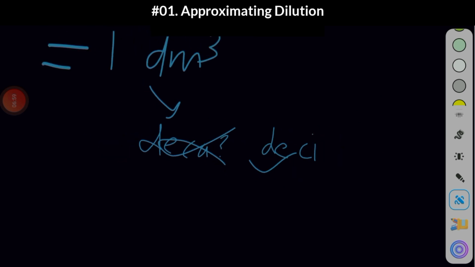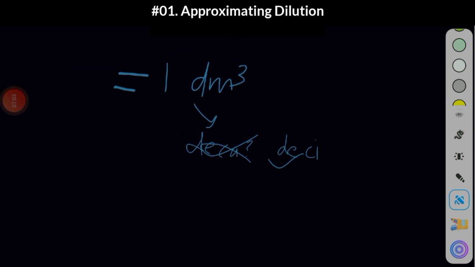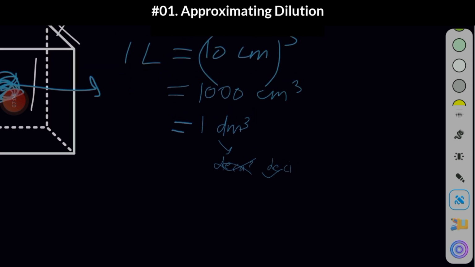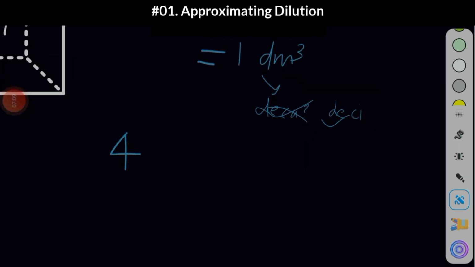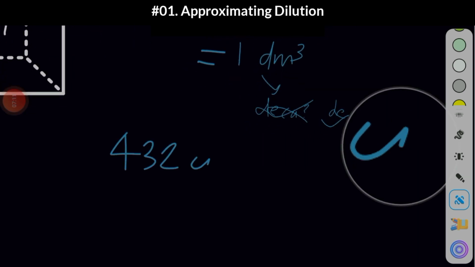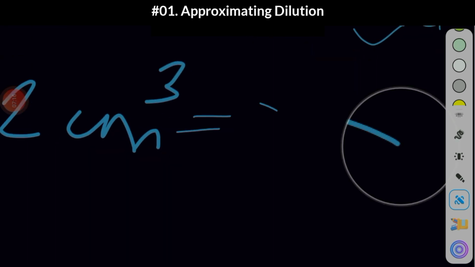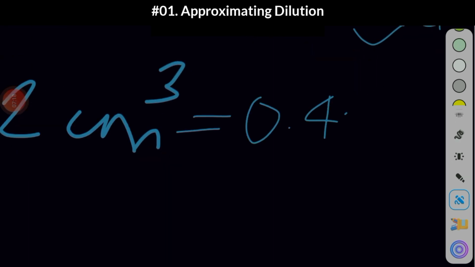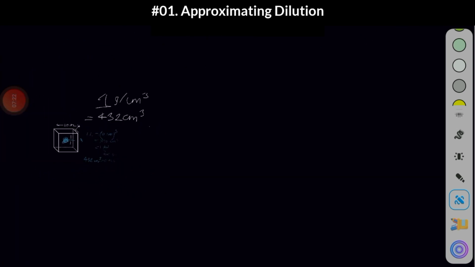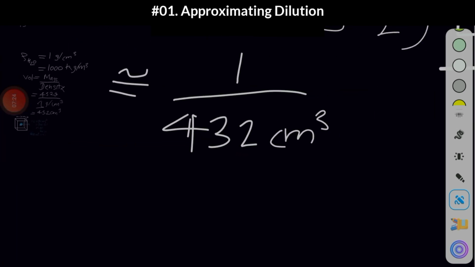You can call it a decimeter. Anyway, so we know 1 liter is 1000 centimeter cube, and therefore 432 centimeter cube will be equal to 0.432 liters. Awesome.